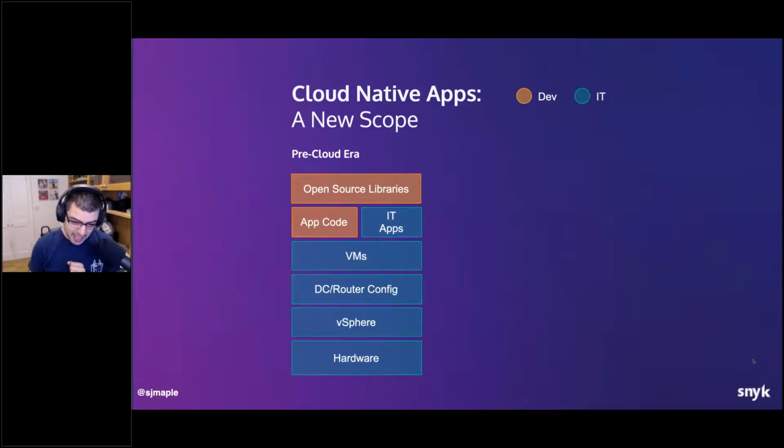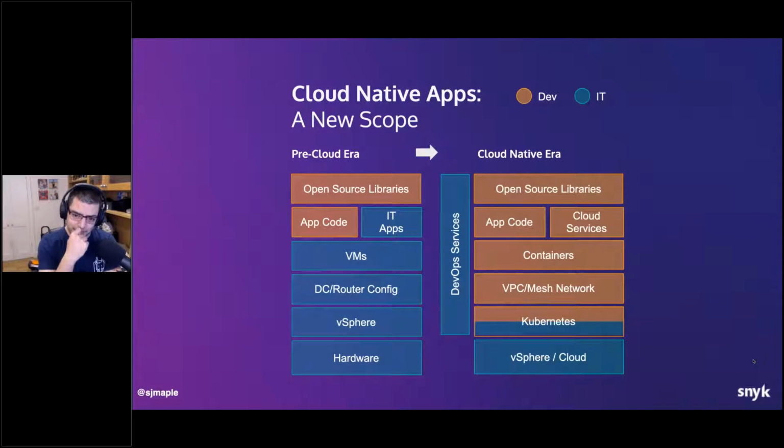Now, if we look at the application today, we can see a lot more of it has pushed into the developer scope. If we think of what an application contains these days, including the container that we deploy in, the infrastructure as code, the IaC artifacts that go alongside these container environments, a lot more of this is handled by the developer.